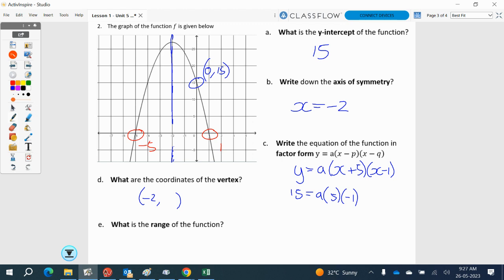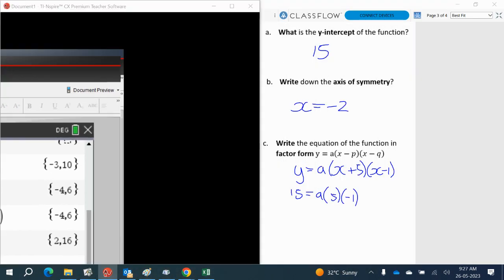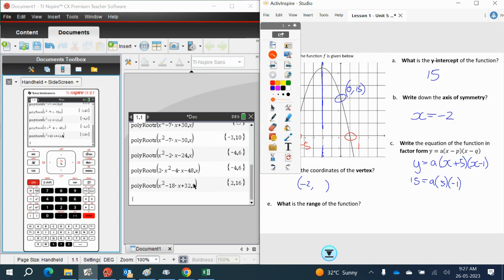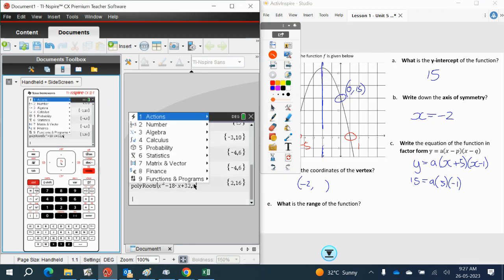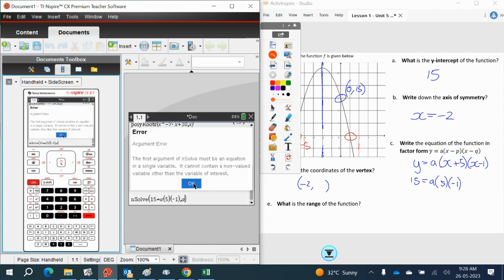You can solve this one using n-solve. We have this equation, so let's pull up our calculator here. Menu 3, 1. We type in 15 equals a bracket 5, close bracket, open bracket, -1, close bracket, comma, solve for the variable a.